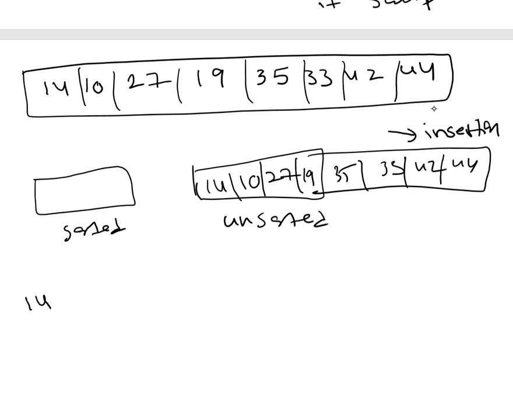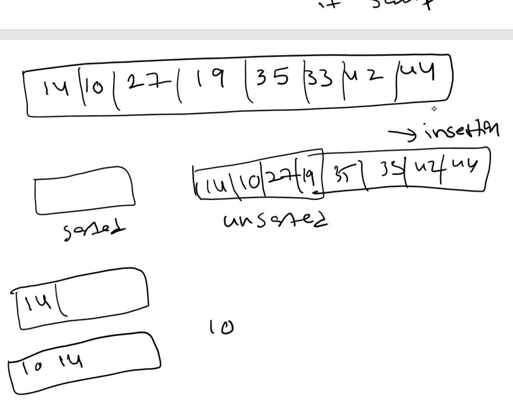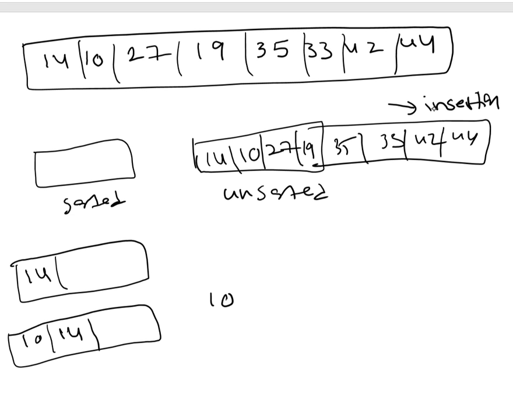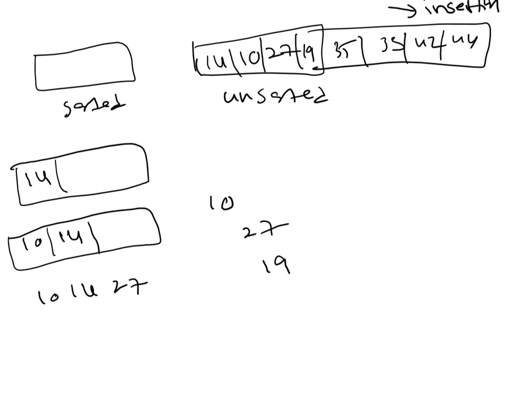So I am taking the 14, I placed it here. Second time I have taken the 10. I want to put it here, so 10 and 14. Next, 27. I compared here, so 10, 14, 27. Next 19. Then it will be 10, 14, 19, 27. Next 35.